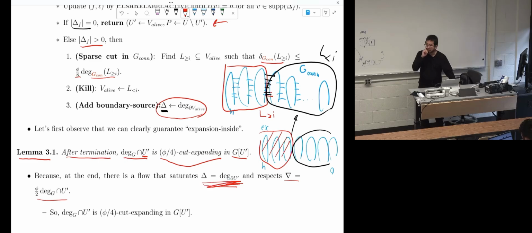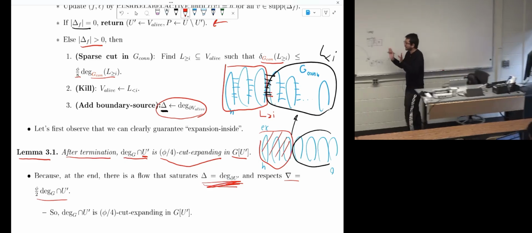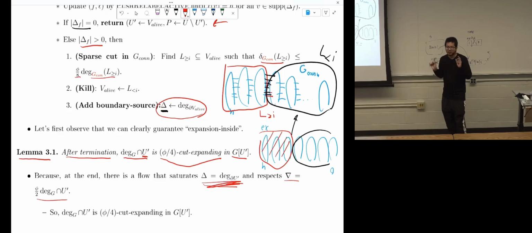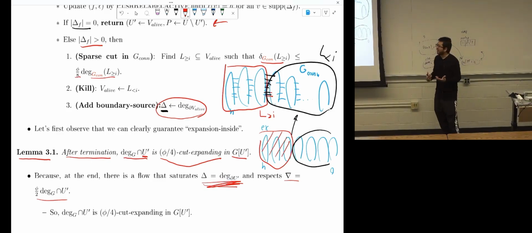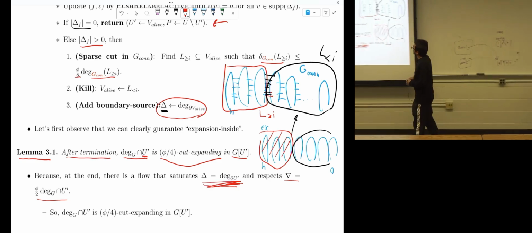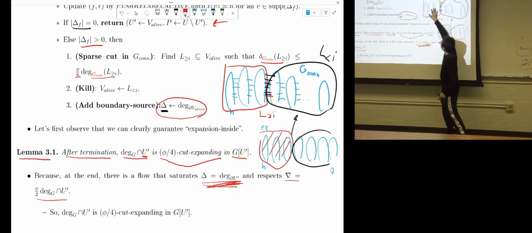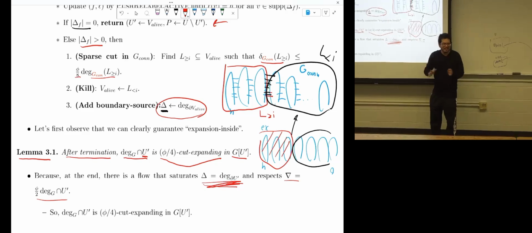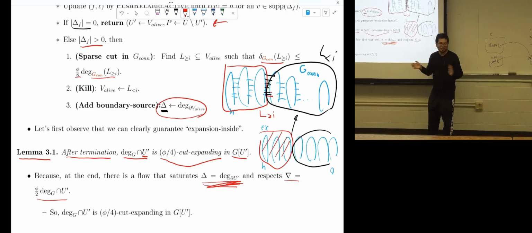So the expansion inside, we don't worry about it now. What we need to think about is, does this algorithm even terminate? And if it terminates, the part that we kill is the part that we prune. Is it too big? Is it small?